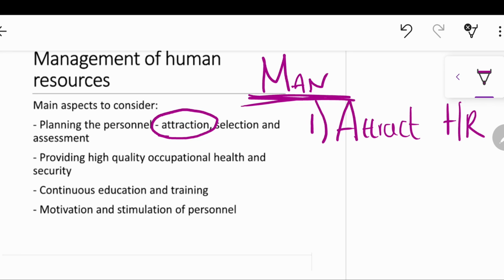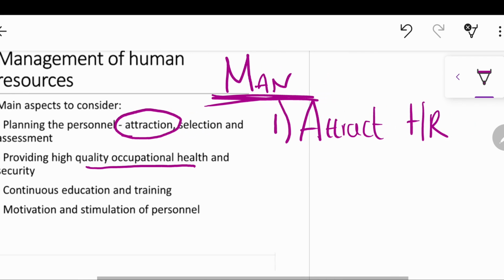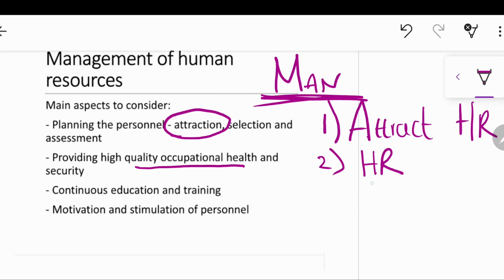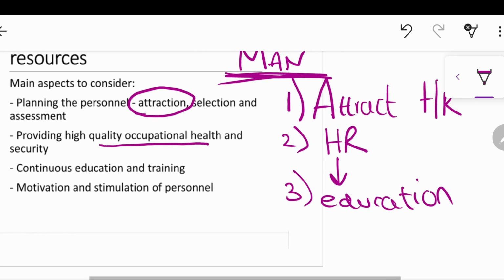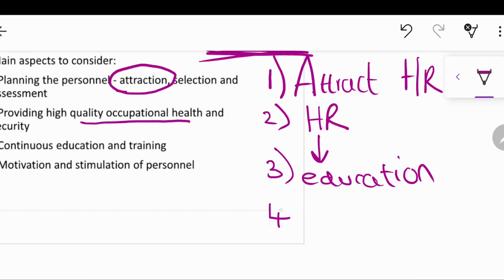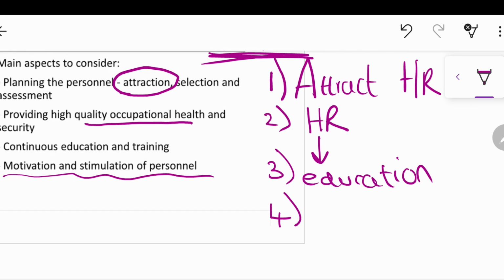We need to invite these people to the medical establishment, and from this we need to provide high quality health, occupational health and security. So our human resources should be taken care of. We need to provide these human resources with continuous education and training, and not only that, in order for them to remain working for the manager, they need to be motivated and stimulated.